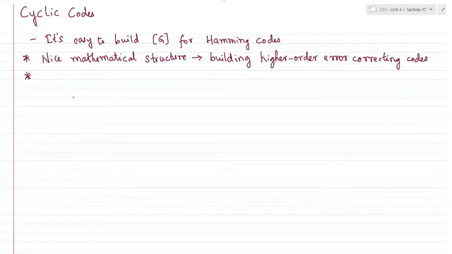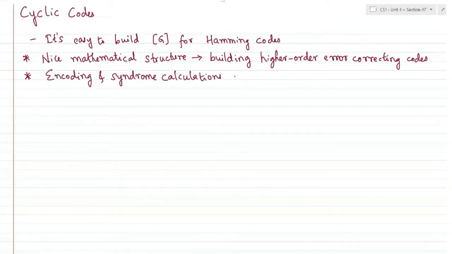Cyclic codes use simple arithmetic shift registers to implement encoding and syndrome calculations, so they are easy to implement. We will see that.